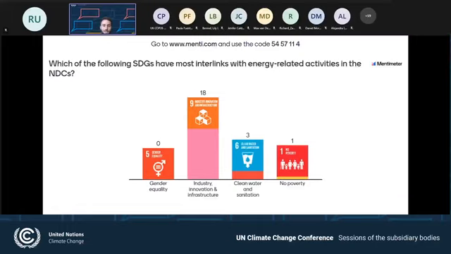There are many SDGs that have many synergies with energy-related activities. For instance, SDG number 11 that tackles sustainable cities and communities. But other SDGs, such as gender equality, have many interlinks with energy-related activities. For instance, in many countries, women bear the greatest burden to collect biomass that will be used to cook.